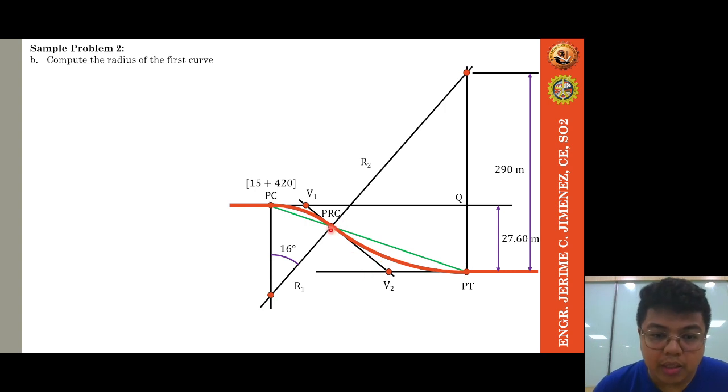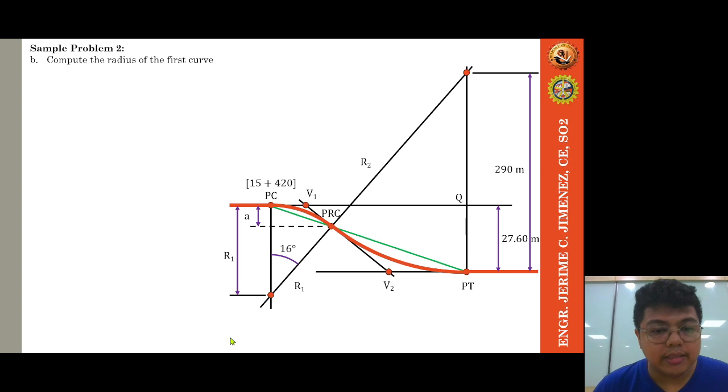So from PRC, magdo-drawing ako ng parallel tangent parallel to the back tangent. Okay? And this distance papunta sa back tangent ay tawagin nating A. Okay? So from point of origin papunta sa PC, yan ang hinahanap natin na R sub 1.